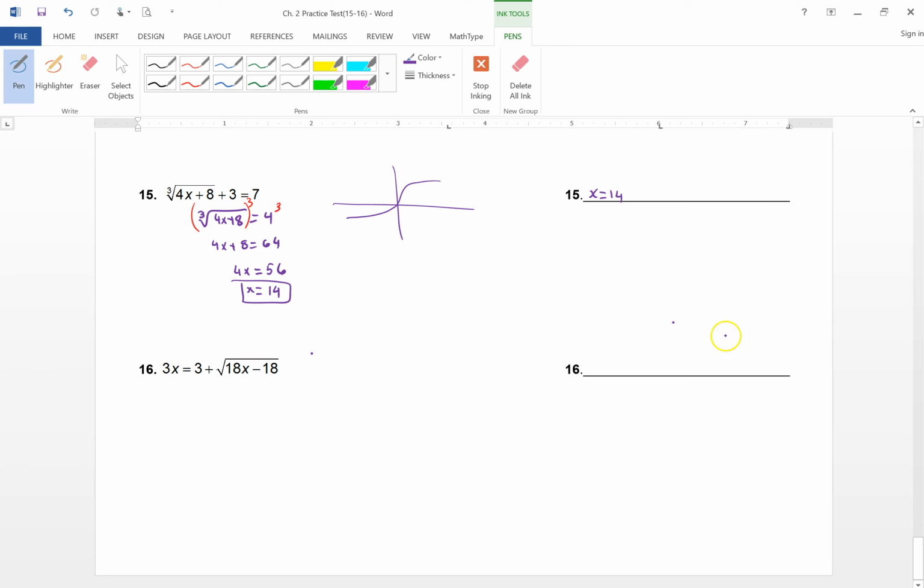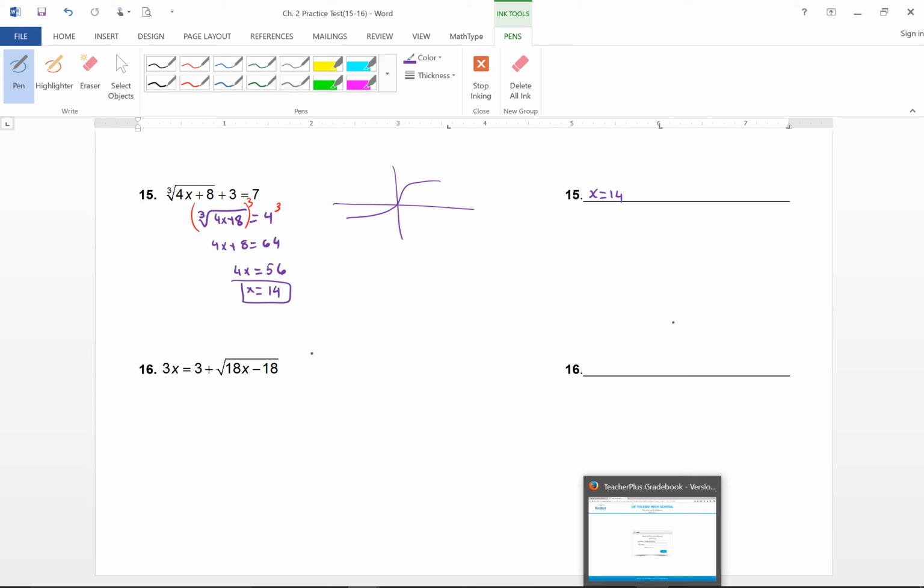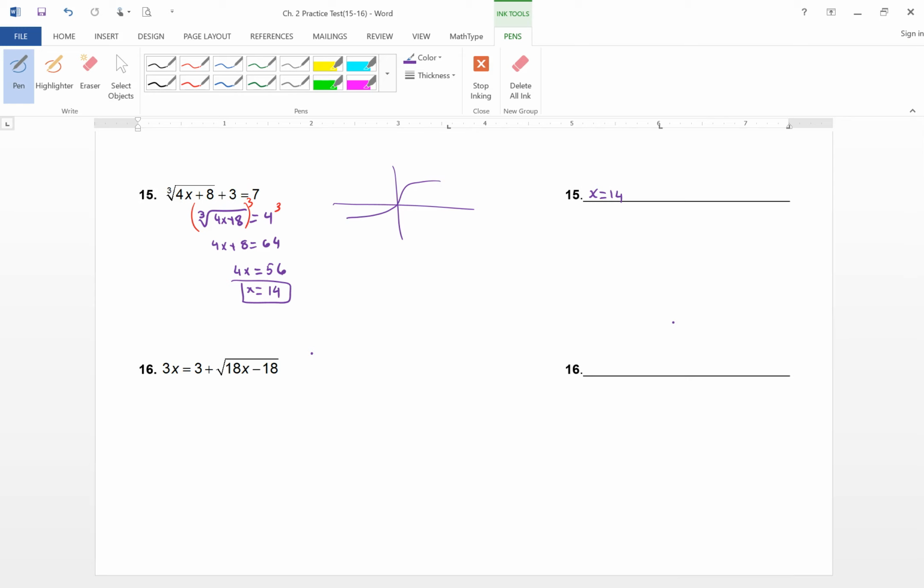So the most common mistake is students will see this problem and they will start squaring right away. What's the issue there? You have to isolate the root first, because if you start squaring here, then it's a mess. Then when you square, you still have a root, and you end up with x to the 4s. Okay?